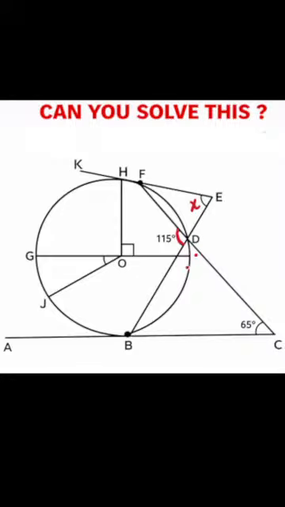This is a theorem. So if this angle was 50, this entire arc BD is going to be 100 degrees. Is this clear? Viviz, this is clear to you? Like how we got it as 100?